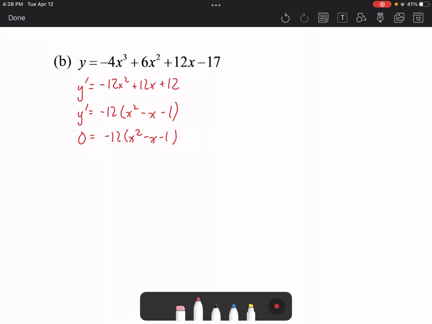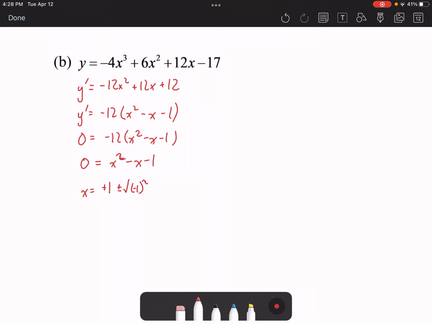Well, if I divide both sides by -12, I still get 0 equal to x squared minus x minus 1. Well, this can't be factored, so I'm going to use the quadratic formula here to solve for my values, if any values exist.